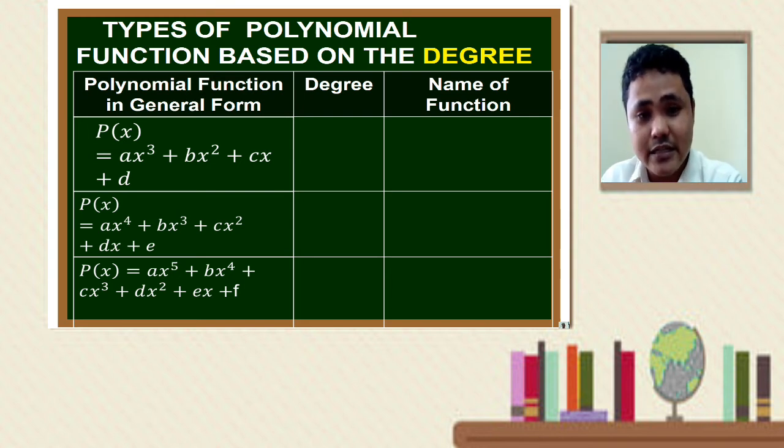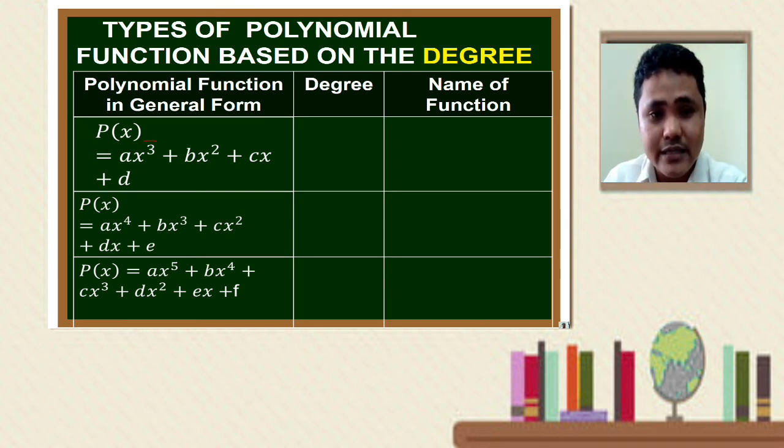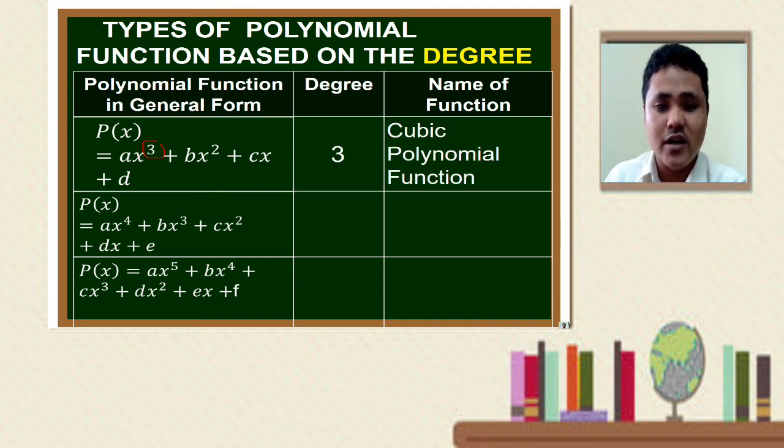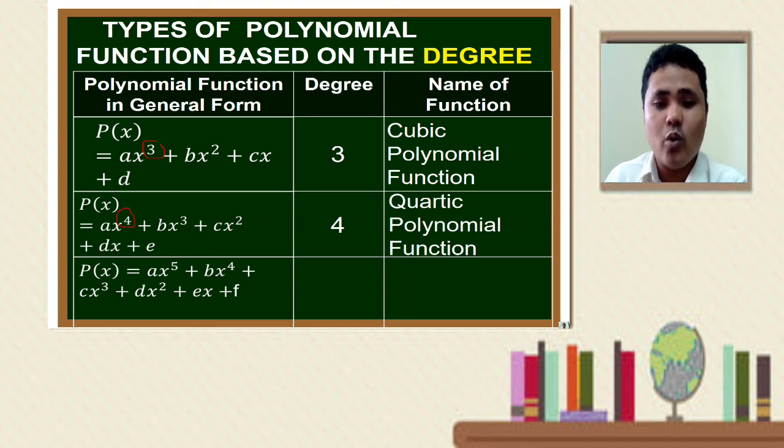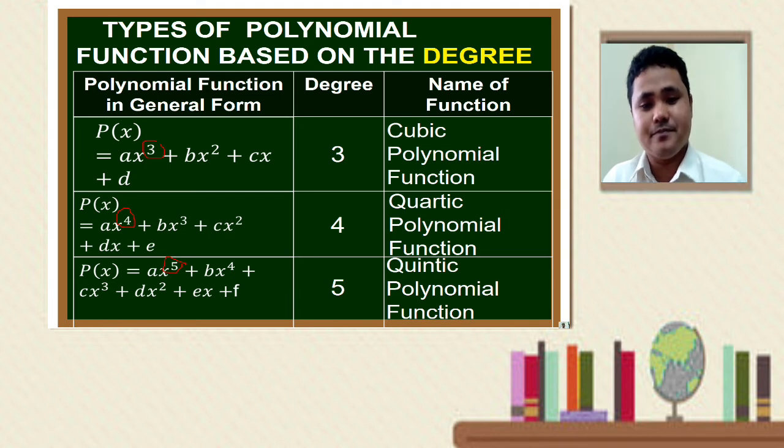So in this case, our degree is 3, and that is what we call the cubic polynomial function. Then the next one has a degree 4, and it is quartic polynomial function. And then the last, it has a degree of 5. The highest degree is 5, and it is known as quintic polynomial function.